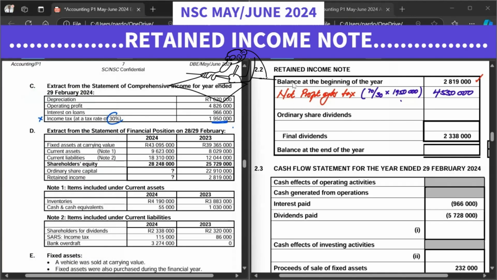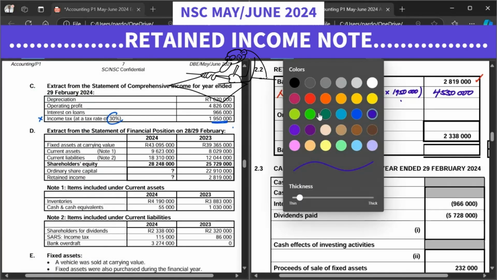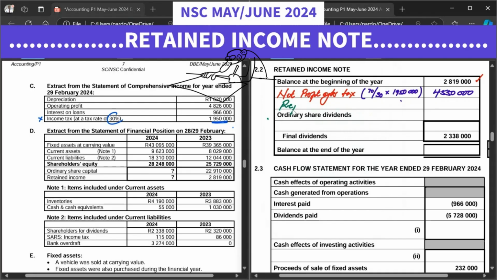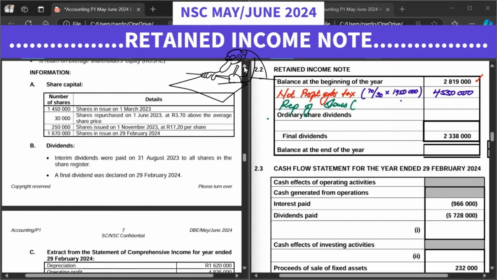And then after that, we know that I'm now going to have my repurchase of shares. So I'm coming here, it's a repurchase of shares. And I need to come to my information, which has to do with shares. So here is share capital, and we can see that there are 30,000 shares which were repurchased. That means I'm coming here, I'm opening my bracket, it is 30,000. Then I multiply that. On 1 June, at 3.70 above.